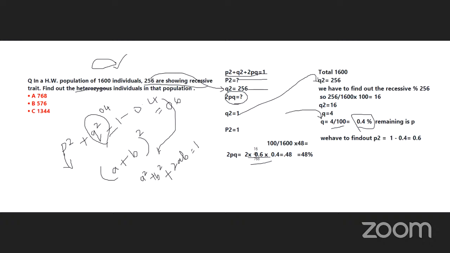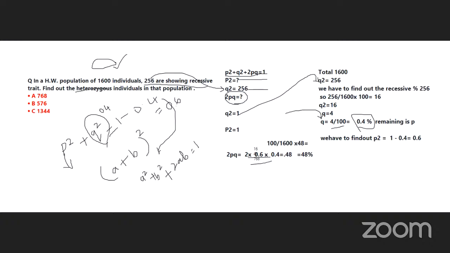Okay, so Q squared, already we have the answer here, 0.4. When we calculate P squared, that means 1 minus Q, you will get P, isn't it?